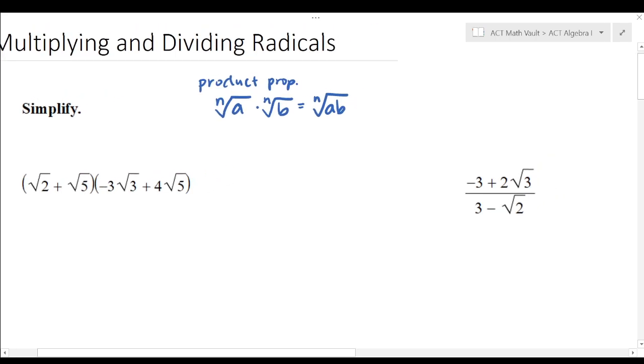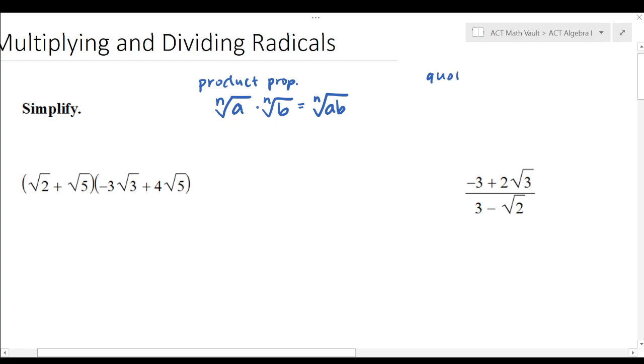So you could take the square root of each factor, multiply them, and it would be the same answer as square rooting or cube rooting, nth rooting the product of those two numbers. So same thing here.